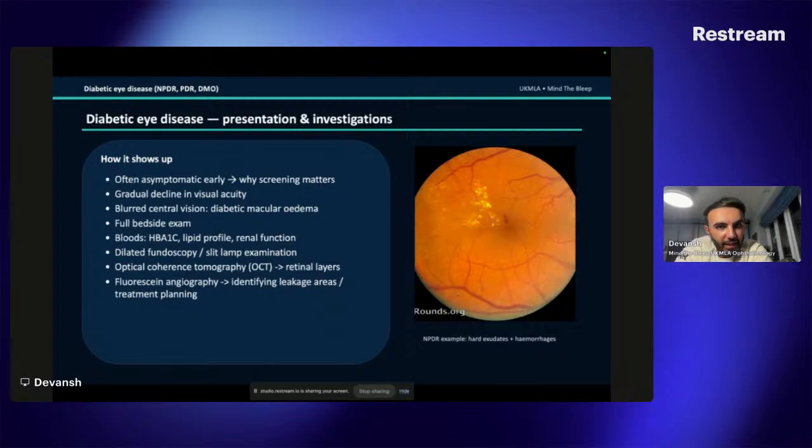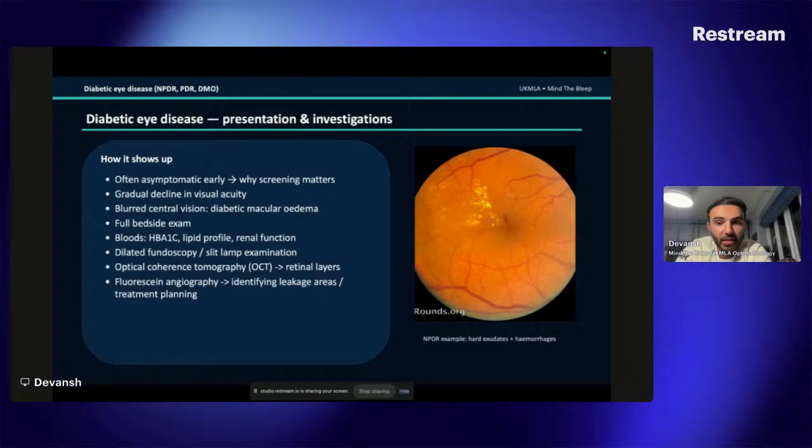So to go about investigating this, we'll start off with a full bedside examination for ophthalmology, as we've discussed previously. We'd want to do some bloods, have a look at their HbA1c levels, lipid profiles, and renal function, as the kidneys can also be affected in diabetes quite significantly. We'd move on to then, as we've discussed previously, and as is the trend with the retinal conditions, doing a dilated fundoscopy and a slit lamp examination.